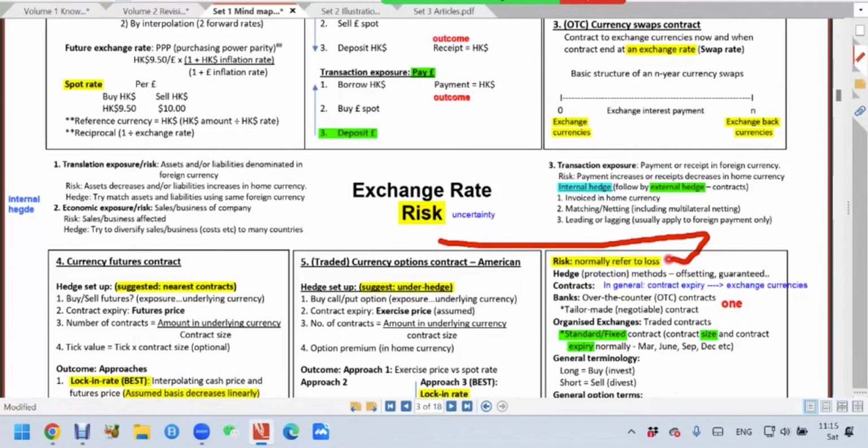So our concern is always risk of loss. Of course, with uncertainty you may also gain, but we don't focus on the gain. So we ask ourselves here, if the exchange rate changes in such a way that we have a loss, what are we going to do about it? If the dong is going to depreciate, it will affect a company, what are you going to do about it?